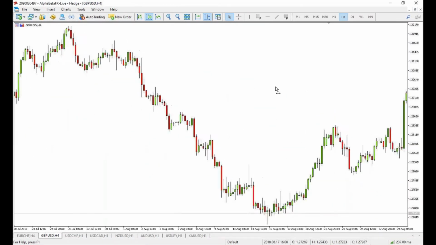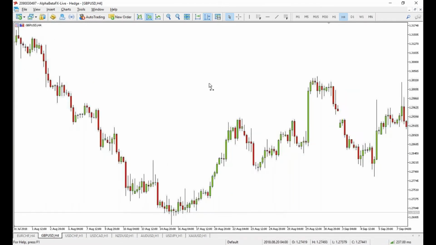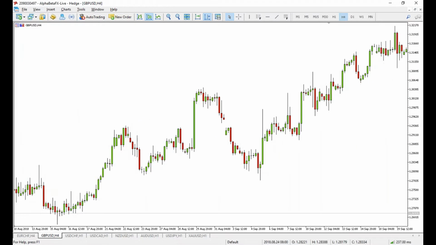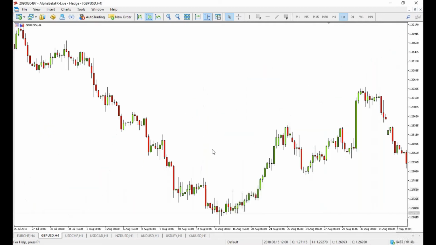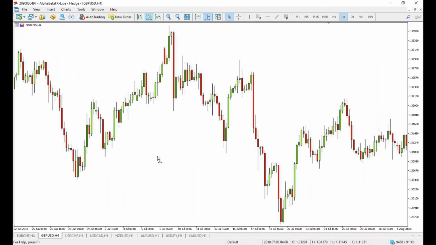The only thing you have to do is train your eyes. The more you train your eyes, the more perfect a trader you become. Here we found not a classical example, but somehow we found this candle. It is also a hammer because it has a long wick. So it is not a classical example. If we find a classical example, it will be good. Let's see if we find one.